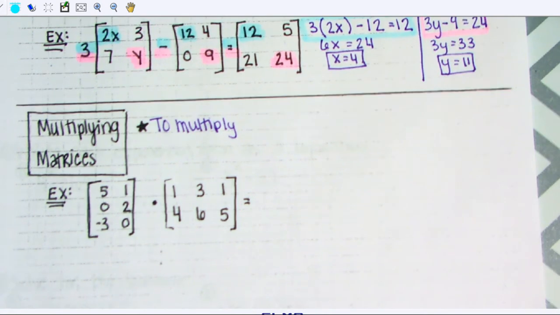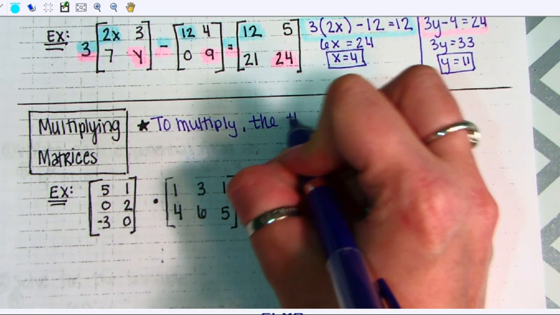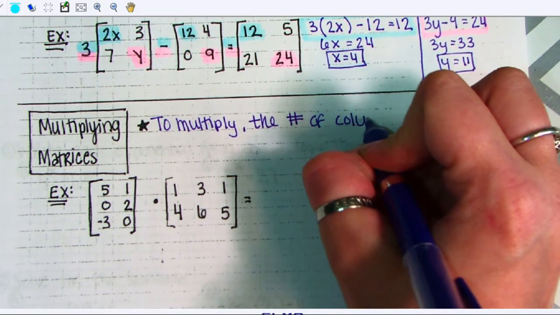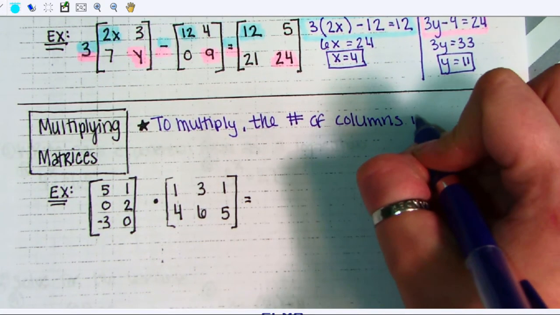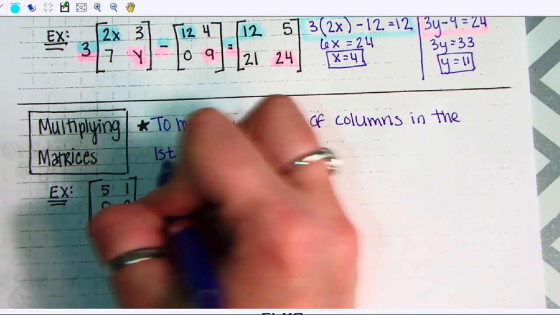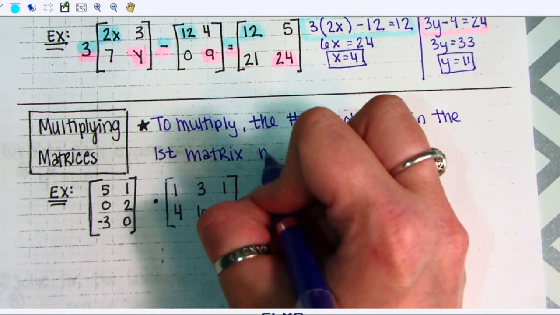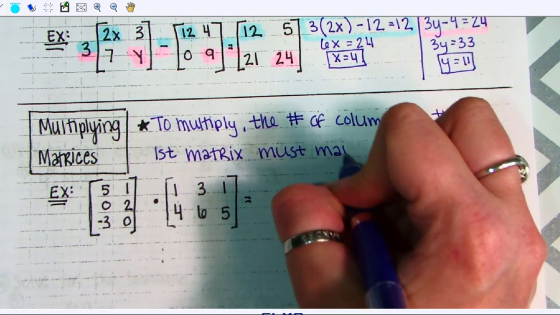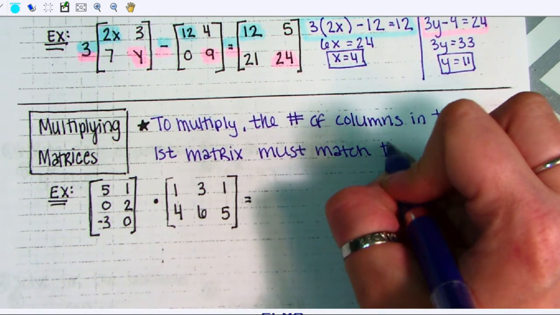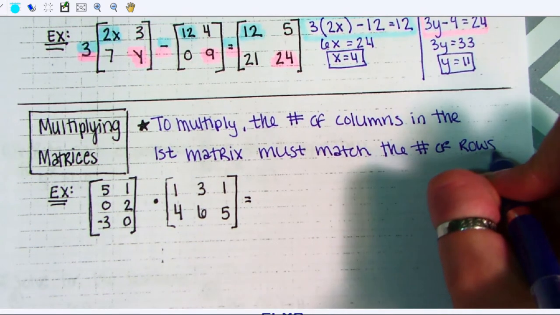So to multiply, the number of columns in the first matrix must match the number of rows in the second matrix.